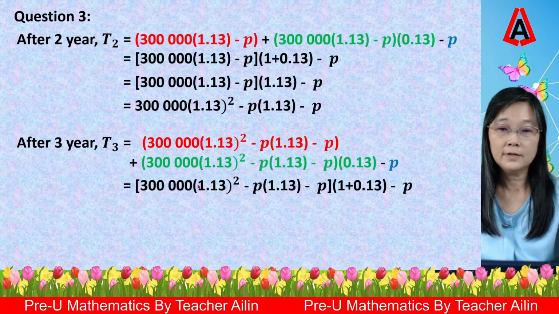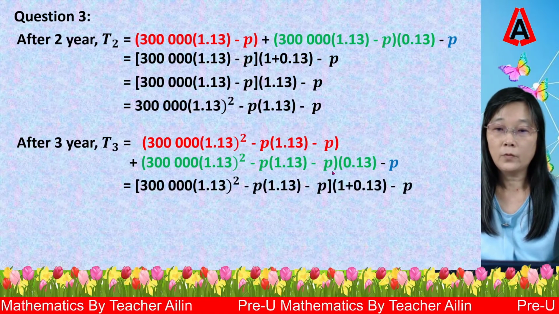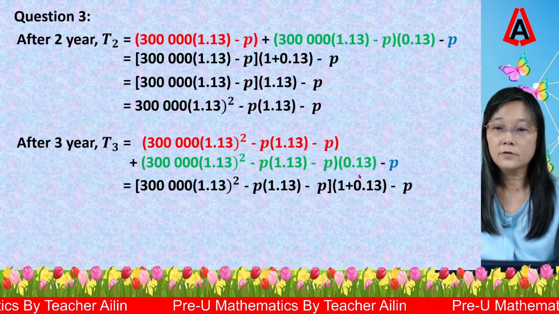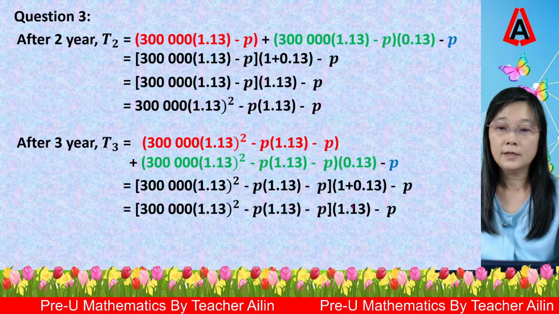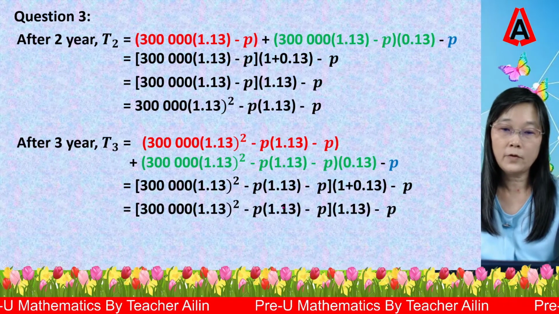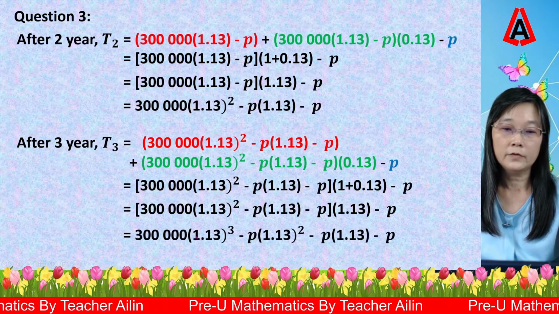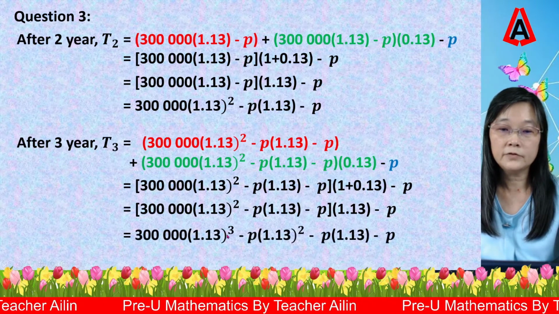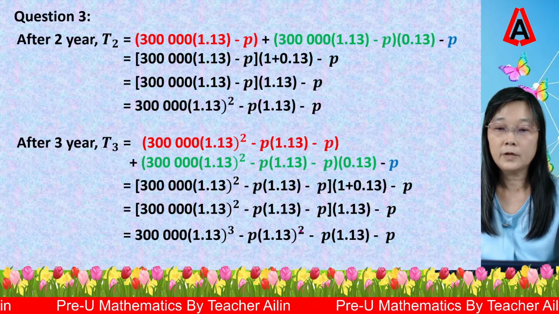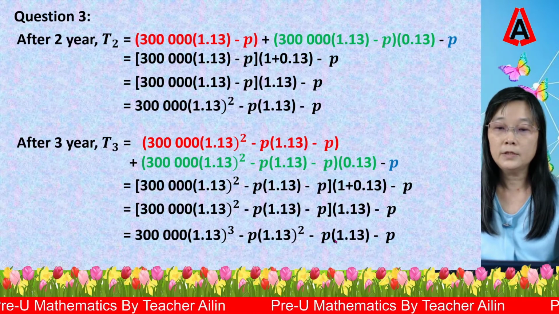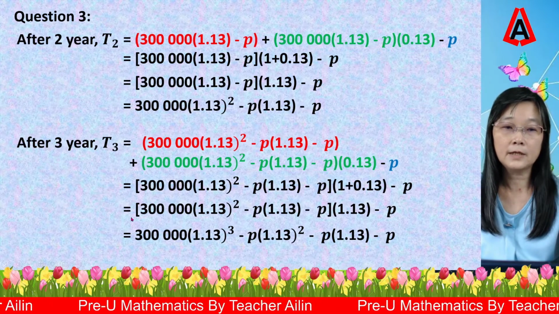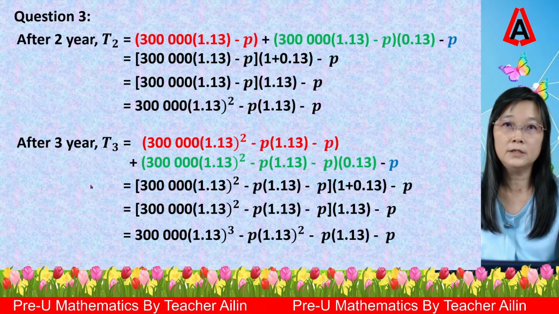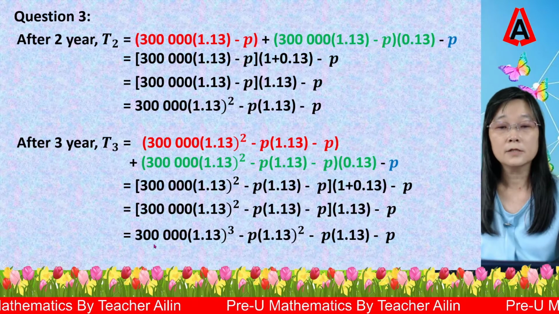So when we factorize, we will get 1 plus 0.13 and we get 1.13. Then after that, we expand 1.13. We will get 1.13 power 3, 1.13 power 2. Here, P times 1.13.